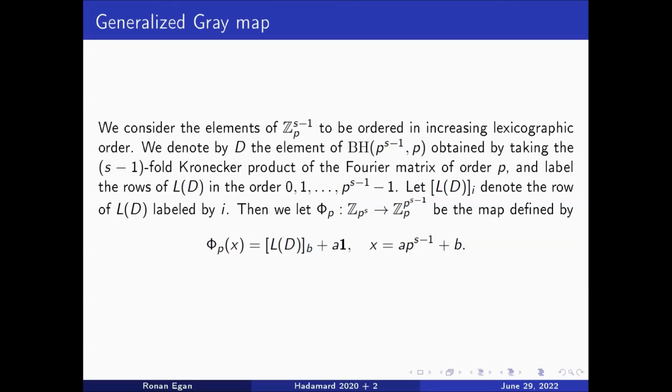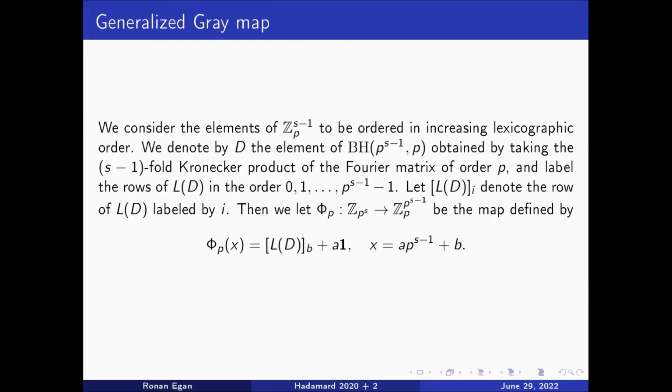That b tells me what row in D that I use, and the a tells me what multiple of the all ones vector I add on. And this sort of generalizes the Gray map from Z4 to Z2 squared to this Z_p to the s minus 1 to Zp, or p to the s.